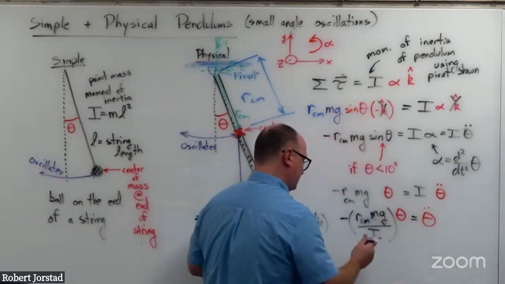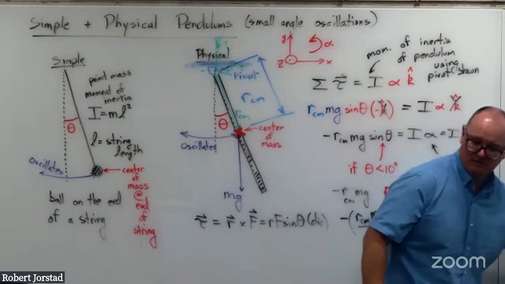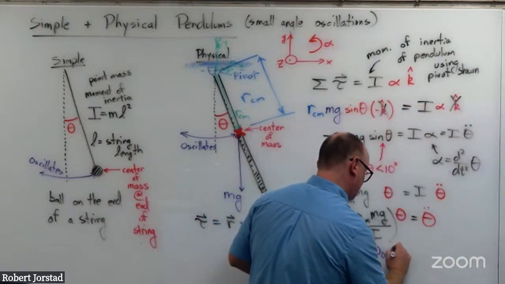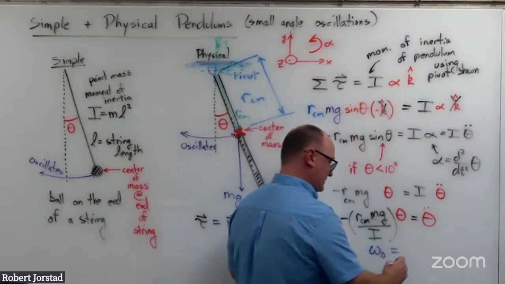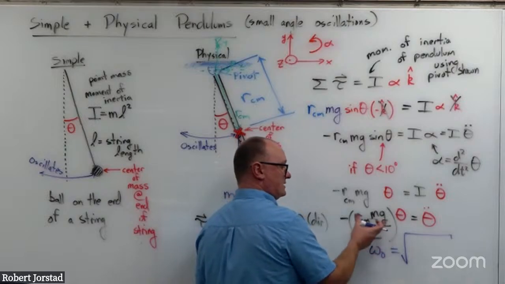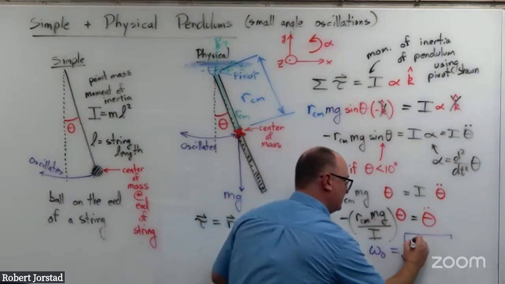Well, that tells me omega naught for a pendulum is the square root of this garbage, right? The square root of the garbage without the minus sign gives you omega naught.